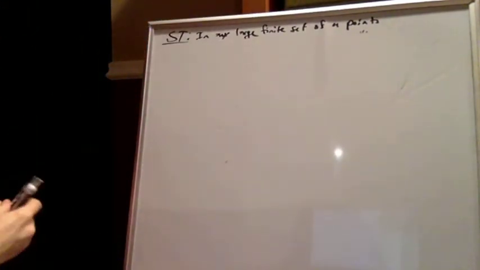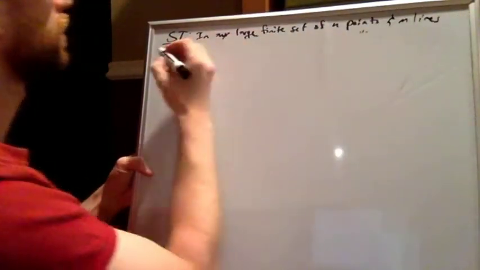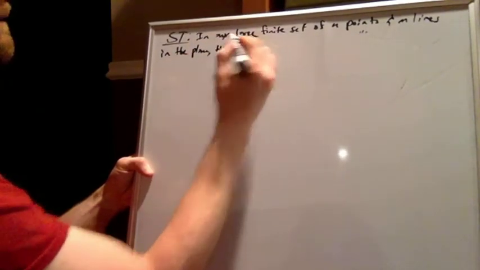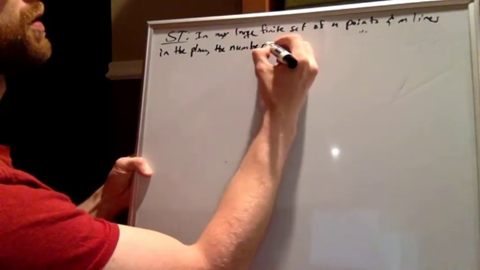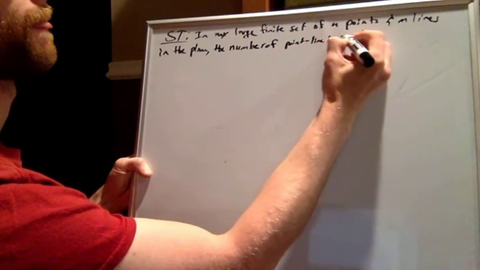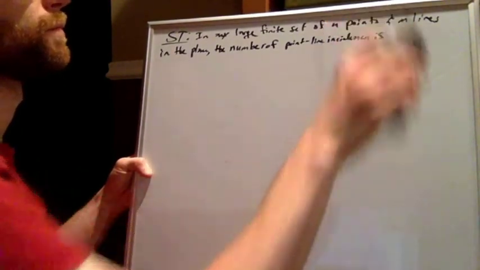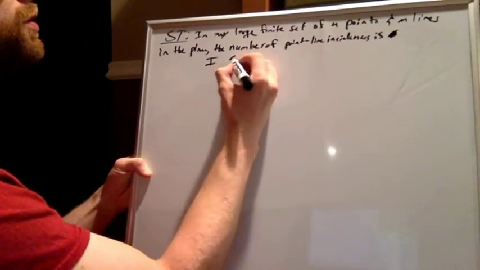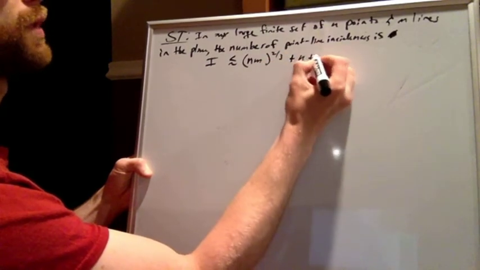But Szemerédi-Trotter says that in any large finite set of n points and m lines in the plane, the number of point-line incidences, let's say it is I, is bounded above by n m to the power 2/3 plus n plus m.